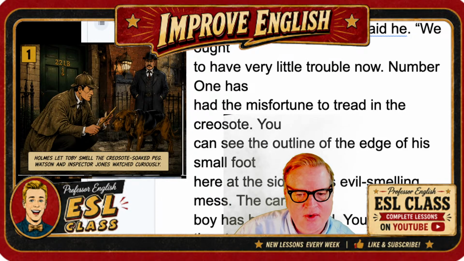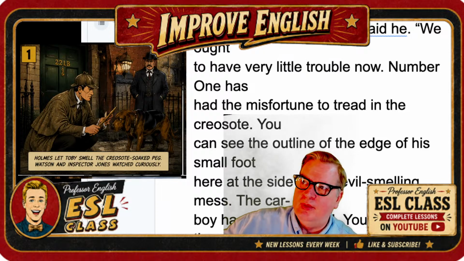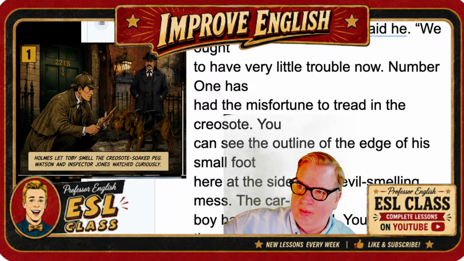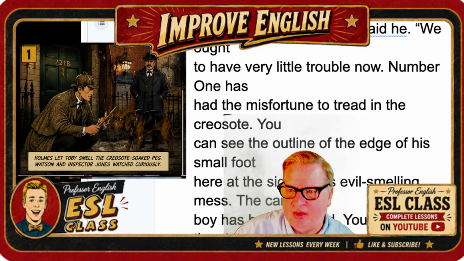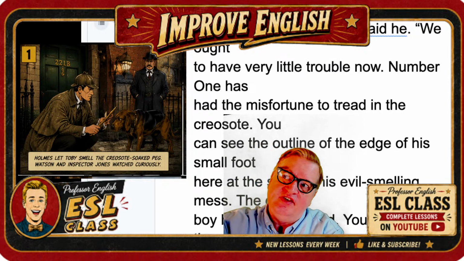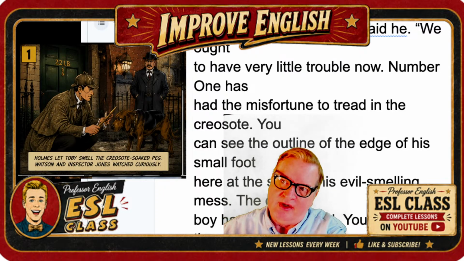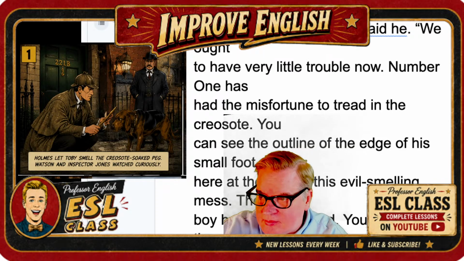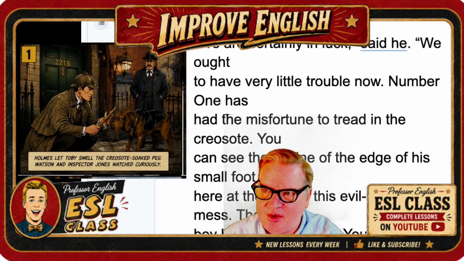Historically, it had several important uses. Preserving wood. Okay, so like if you were constructing a building, you probably would cover the wood in some kind of material to preserve the wood so that it doesn't rot or become weak. And so I guess that's what creosote is. But it's kind of sticky, so if somebody steps in it, then maybe it will leave a print, or maybe it would rip something from you. Let's see what he found in the creosote.